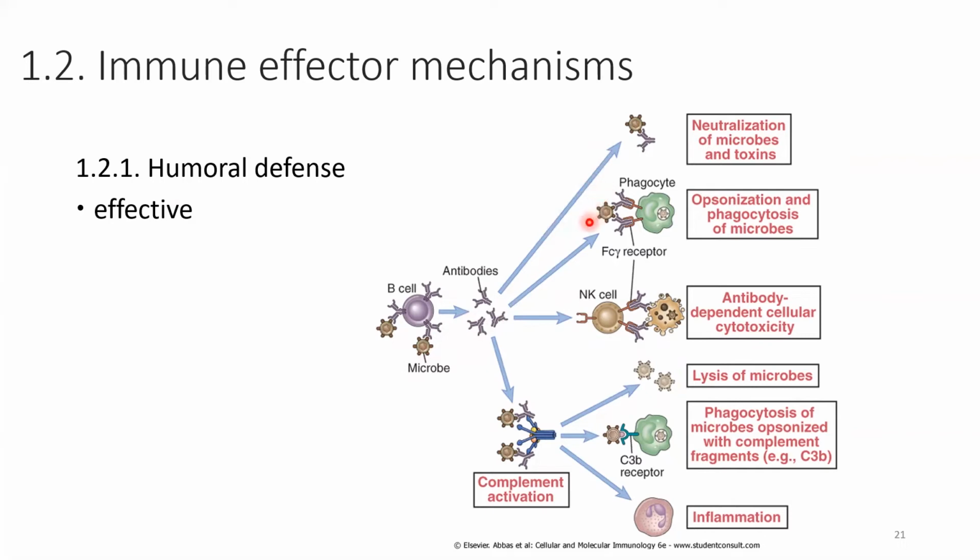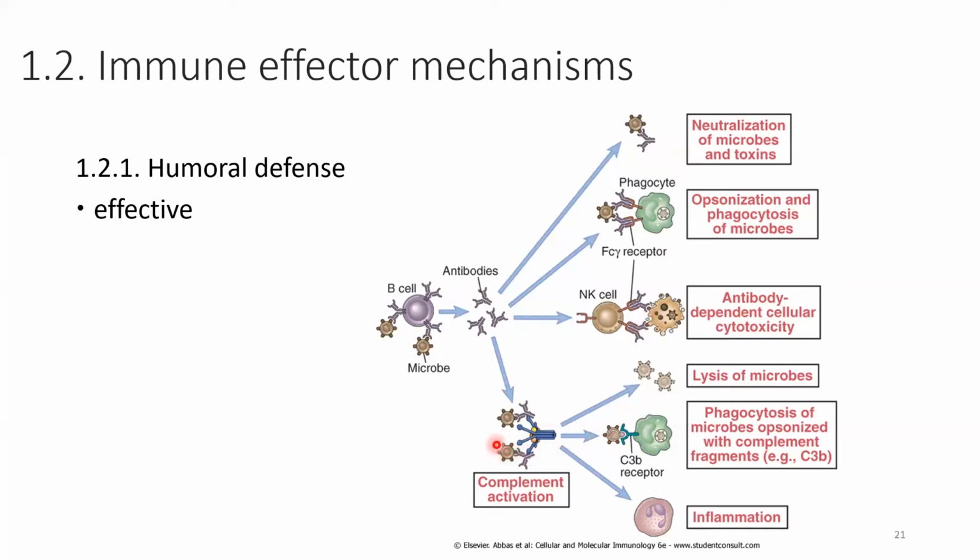Antibody can bind to the bacteria, and a phagocytic cell that has a receptor for the Fc of antibody can capture this antibody, which we call opsonization, and facilitate phagocytosis. For antibody bound on infected cells, NK cells have an Fc receptor. NK cells can bind and secrete perforin and granzyme in order to destroy infected cells.